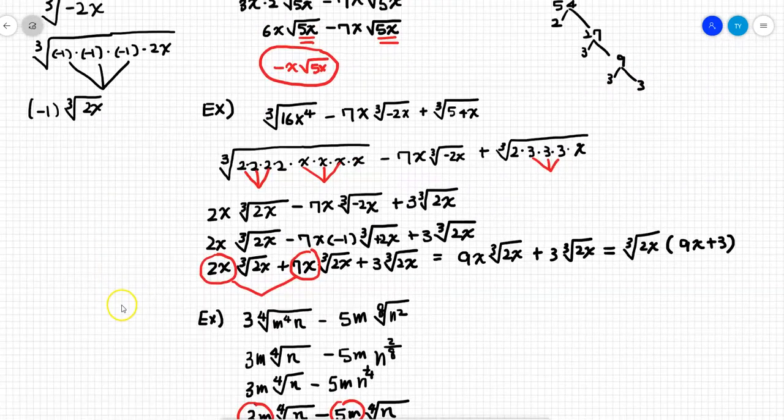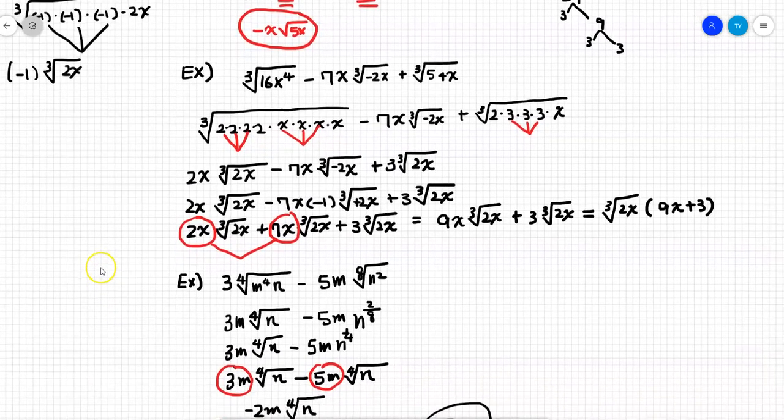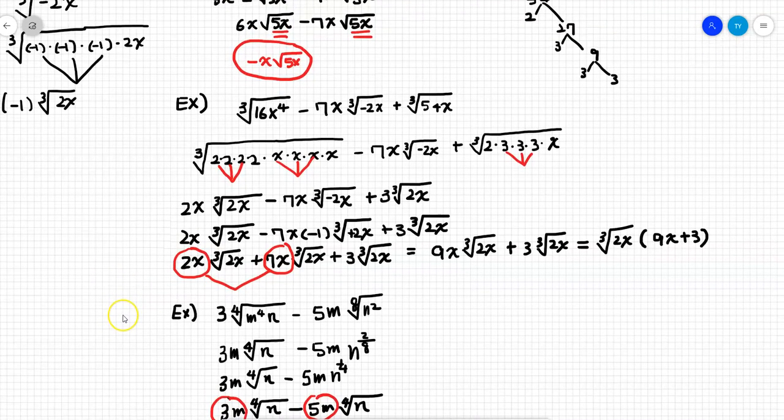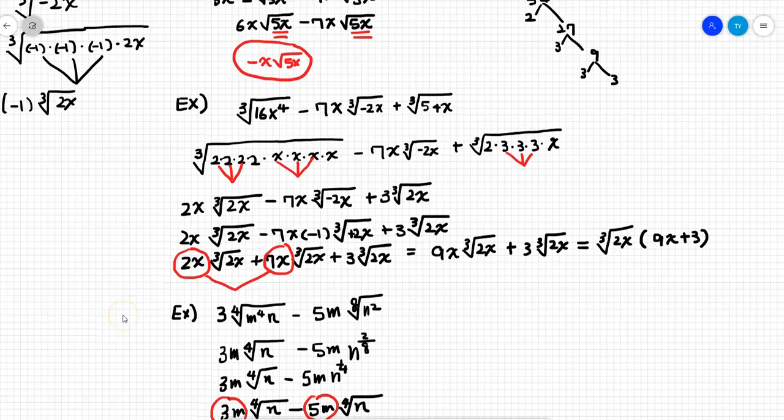The next example that I did was cube root of 16x^4 minus 7x cube root of minus 2x plus cube root of 54x. Again, we wrote the radicand.